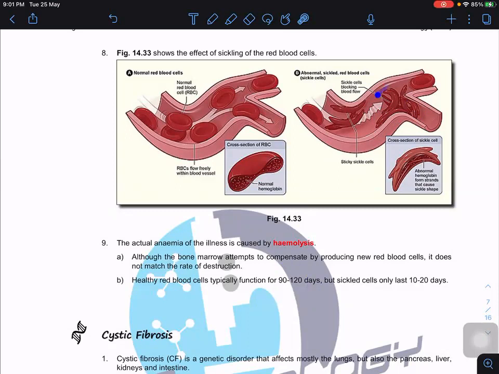But for the sickle cells, because of elasticity problems, the membranes lose their elasticity, hemolysis takes place, and they may last only about 20 days. So the bone marrow attempts to compensate by producing more red blood cells, but it does not match the rate of destruction. The cells die much faster than we can make new cells.